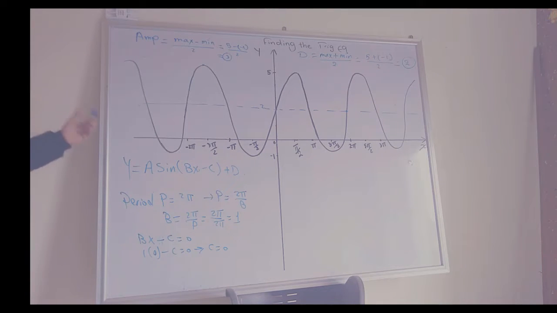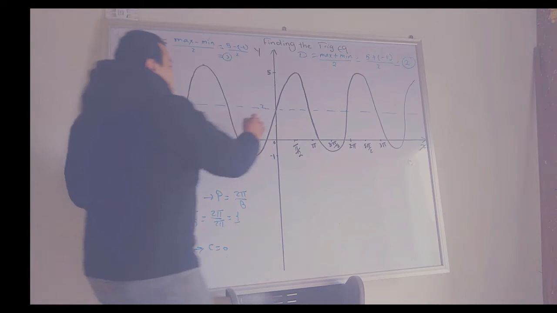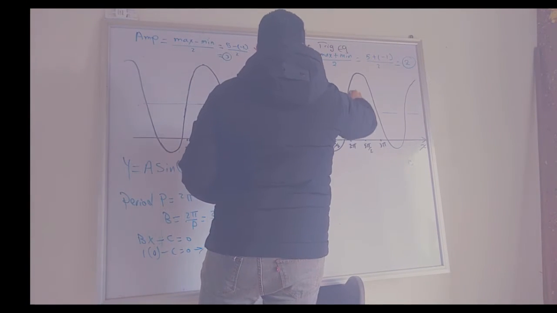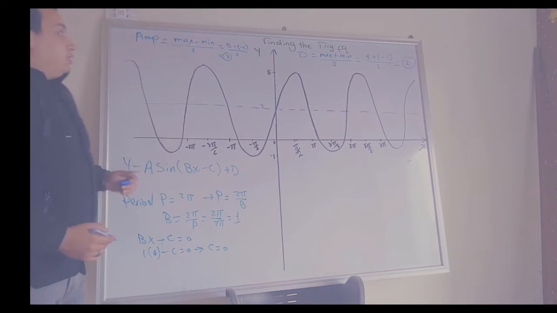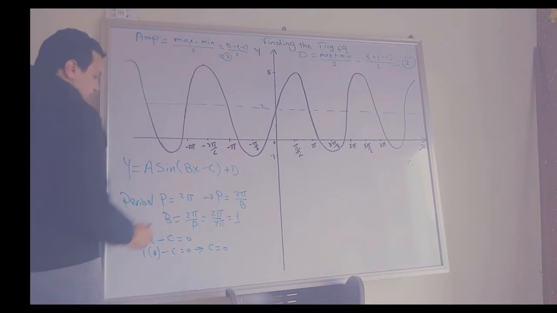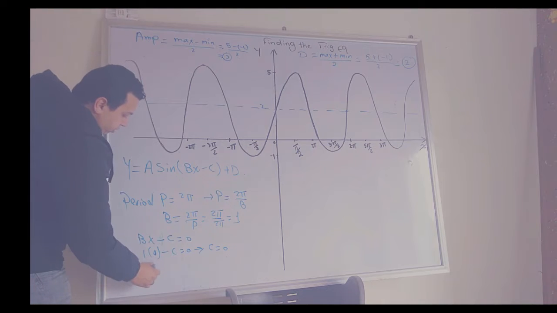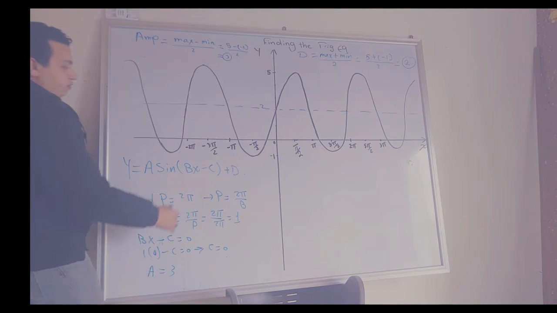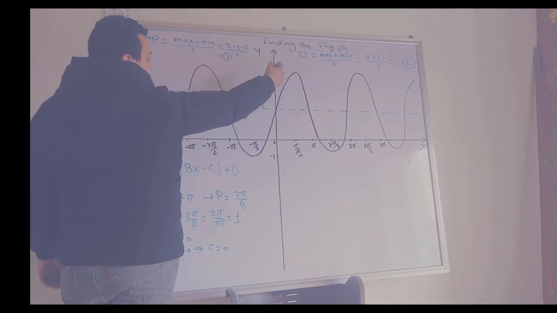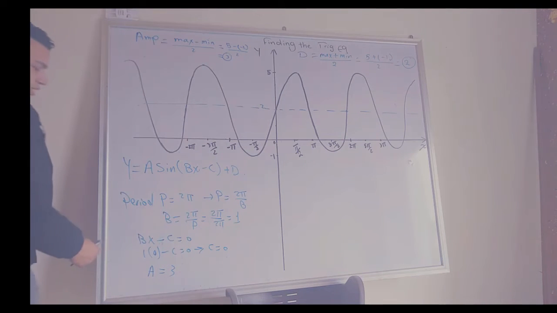Actually, we must differentiate between two cases: whether this a is positive or negative, according to the way that the curve is moving. And this curve is moving in this way. This is positive, so a equals positive 3. Then we have b, which is equal to 1. We have b and a.